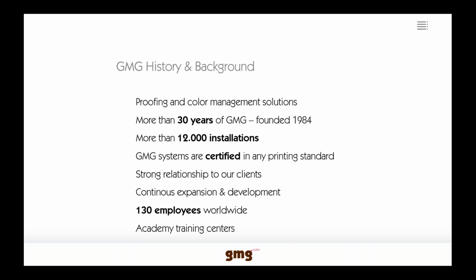We have been doing that for more than 30 years, with more than 12,000 installations, and our systems are certified after different printing standards in the industry, such as the different ISO norms or FOGRA, for example. We have continuous development, so our plugin is a very innovative new product that I want to show you today. And we have our academy training centers, which you are participating in now with this free webinar. That's the key facts about GMG in less than one minute.